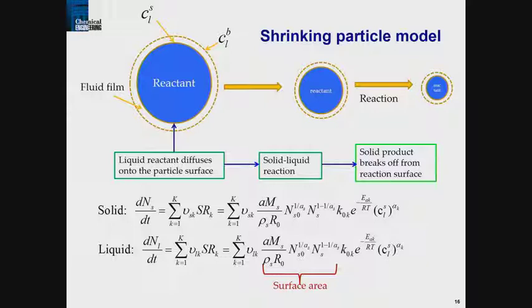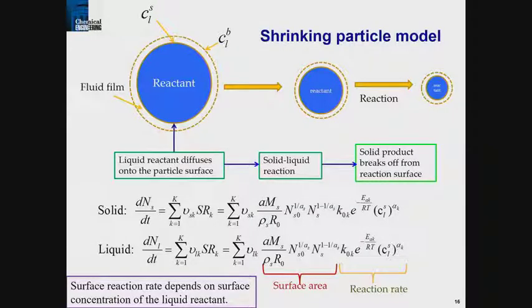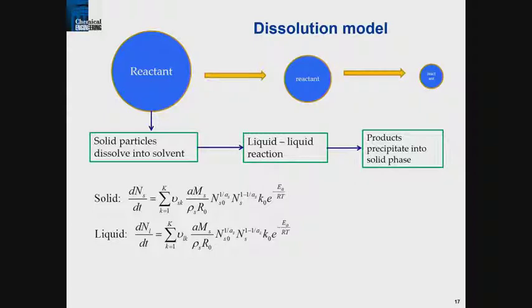Then the second term here is the reaction rate, which is basically what happens on the surface. So you have the simple idea of a reaction rate multiplied by the surface area. Fine. There are several parameters embedded here that I'll go through later, but the point is you need to look at that surface reaction rate and then monitor the surface area and concentration.